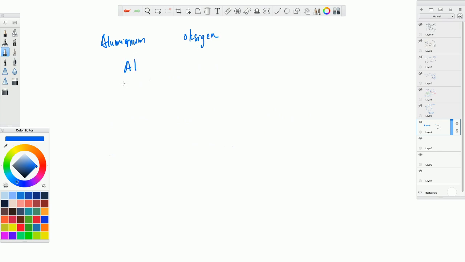Aluminium 2,8,3. So sebab dia 2,8,3, ini ialah logam. Oksigen 2,6, ini 6, ini bukan logam.